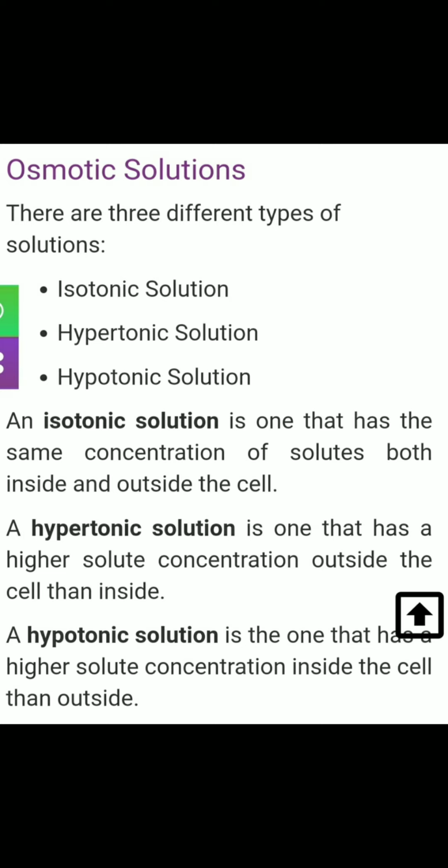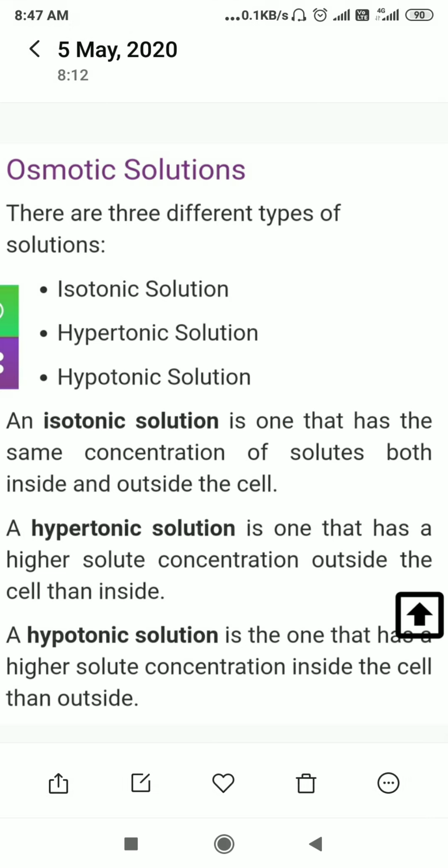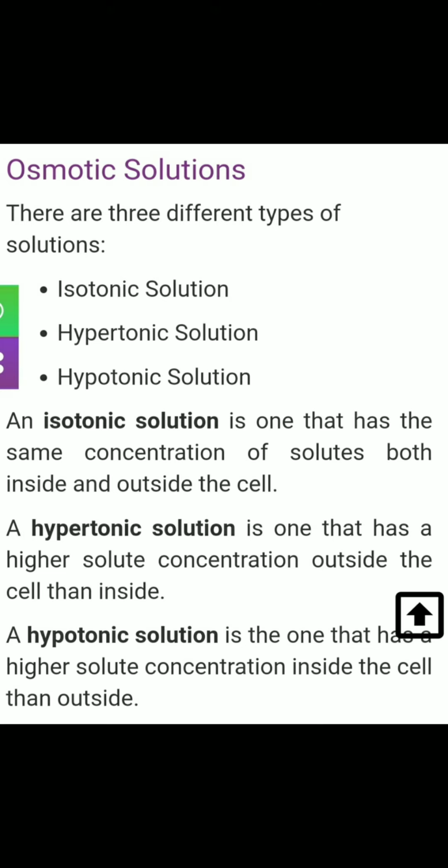So you need to remember that a hypotonic solution means a solution whose solute concentration is less and solvent concentration is high. Suppose I am putting a cell in such a solution whose solute concentration is low and solvent concentration is high, then we can say that we put the cell in a hypotonic solution.